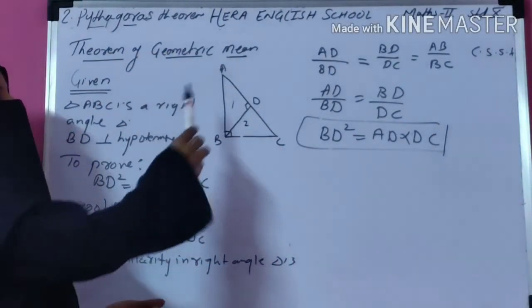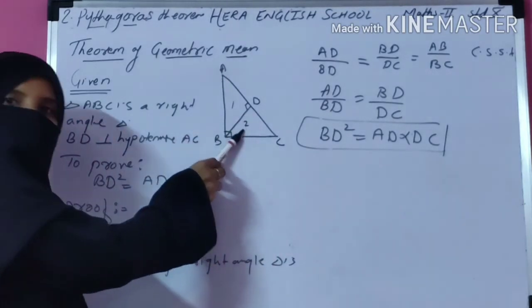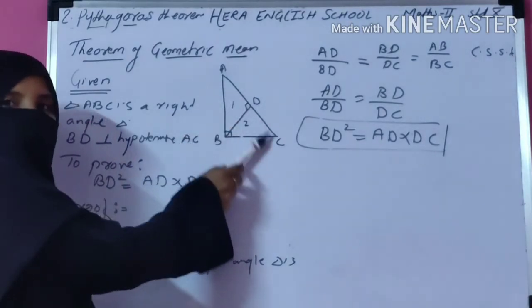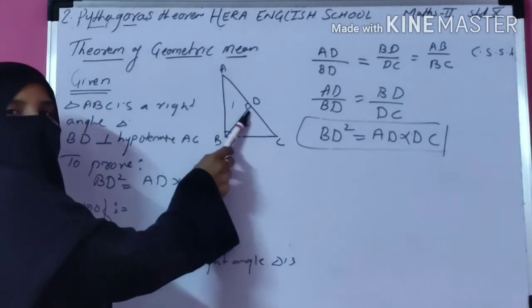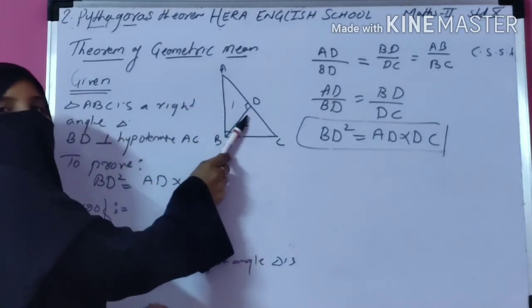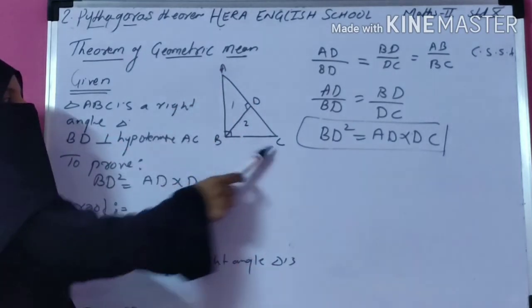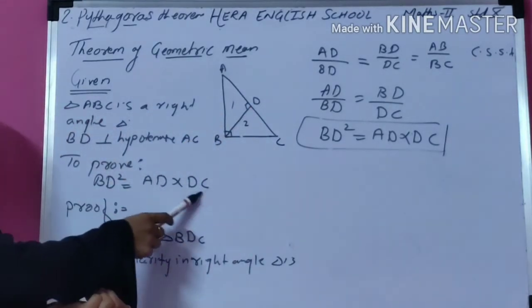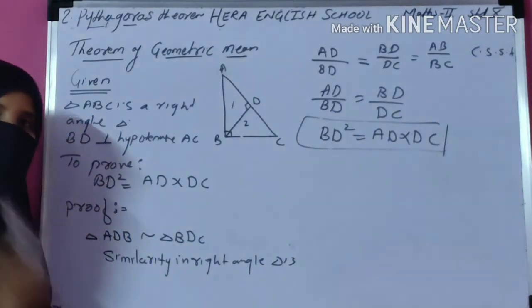Once more I am repeating. In a right angle triangle, the perpendicular drawn on the hypotenuse is the geometric mean of the segments into which it divides the hypotenuse. So in this triangle BD is the geometric mean, and you have to prove BD square is equal to AD into DC. Geometric mean property we have also discussed in 9th standard.